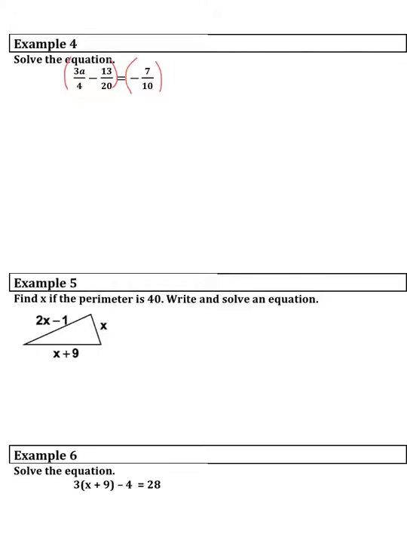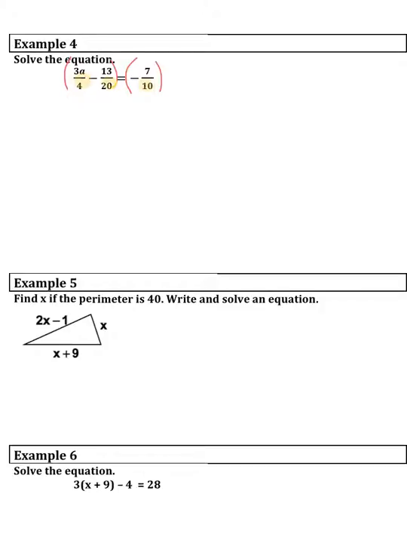What I like to do is look at the denominators of the fractions, 4, 20, and 10. If you think about it, you could multiply this equation on both sides by one number, has to be the same number, and it will actually cancel out all three of those denominators. 4, 20, and 10, each of those could be canceled out by a 20.